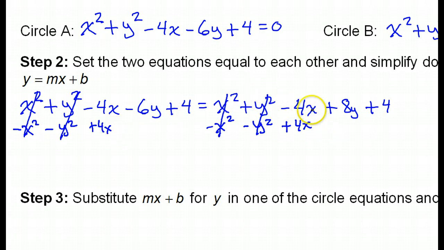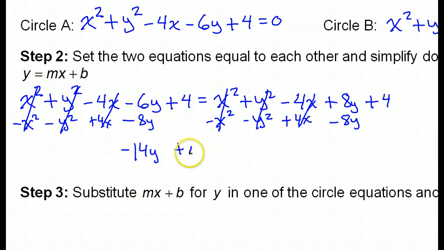Okay, so actually those are going to cancel out as well. Alright, that doesn't always happen. Now, as we subtract 8y from both sides, that's going to give me negative 14y plus 4 is equal to 4.